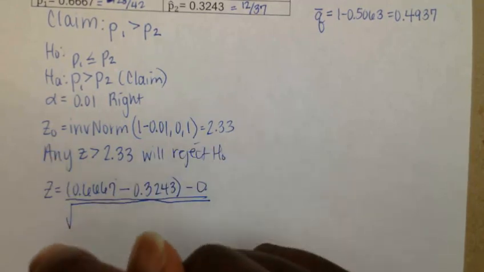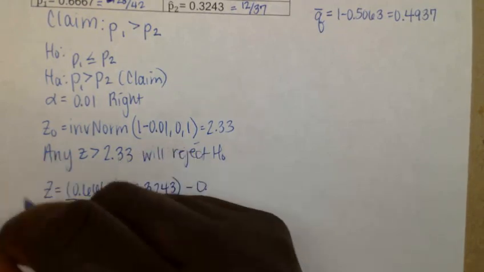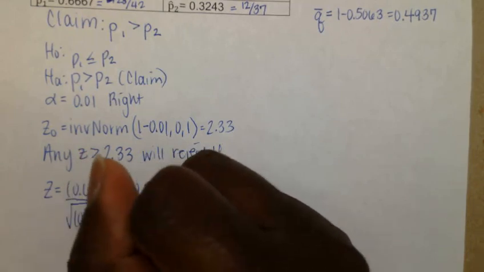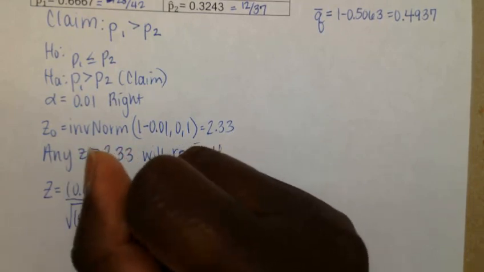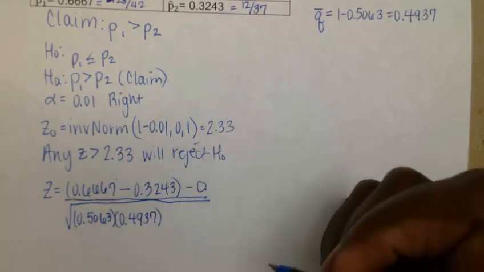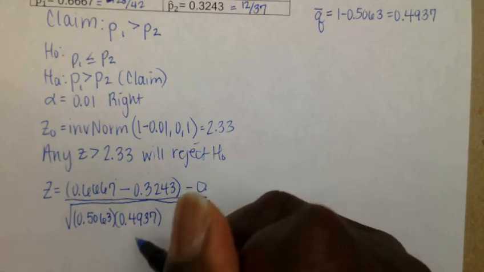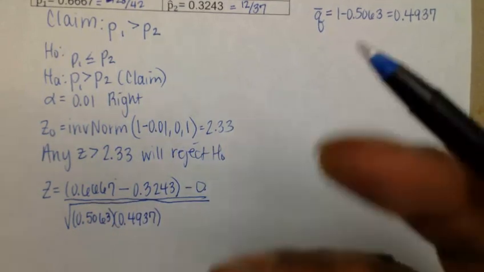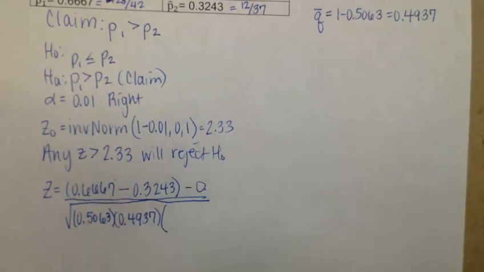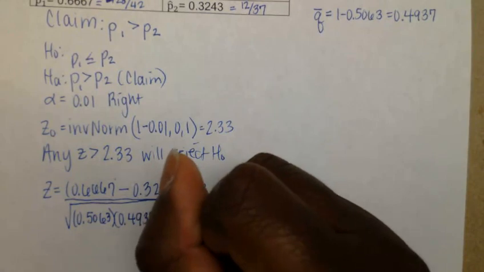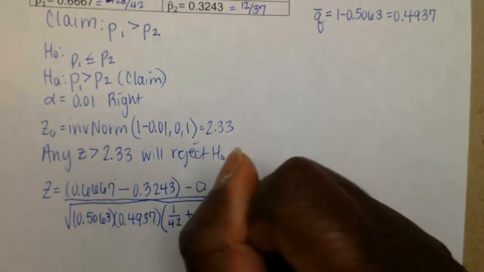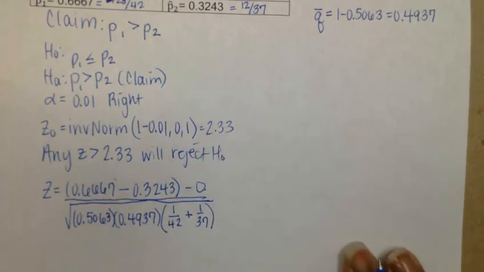Again, if you are using the formula, make sure that you are keeping your numbers straight. I don't have parentheses around the formula itself when I work it out, but when I put it in the calculator, or when I have decimals, I like to make sure you know where I'm getting the numbers from and you're not confused. Okay, so 1 over 42 plus 1 over 37, that's in parentheses. Again, be careful when you're putting that in the calculator.